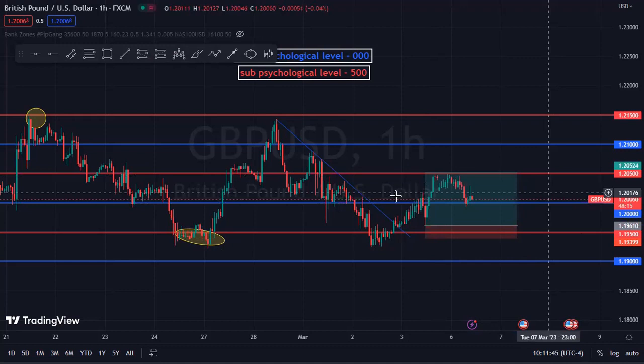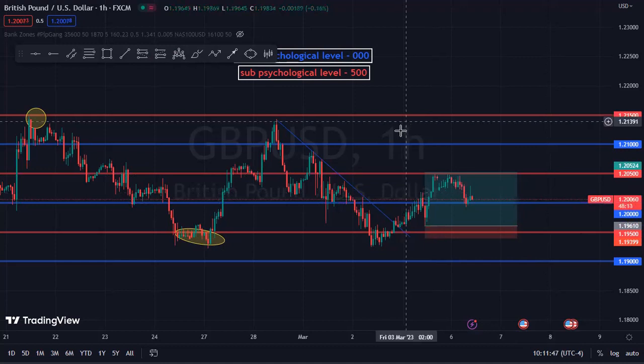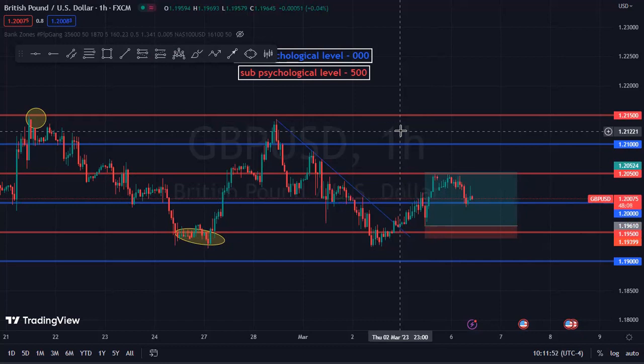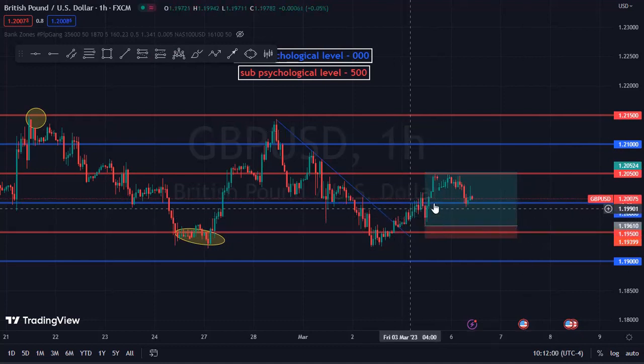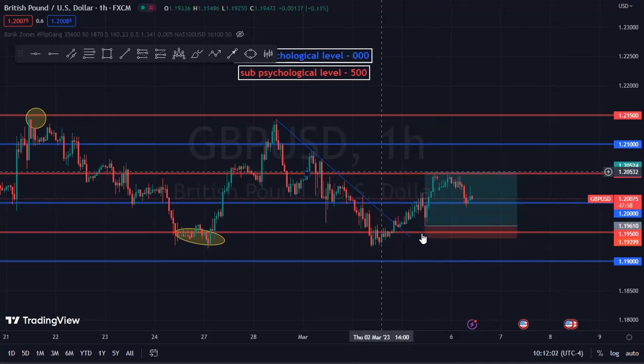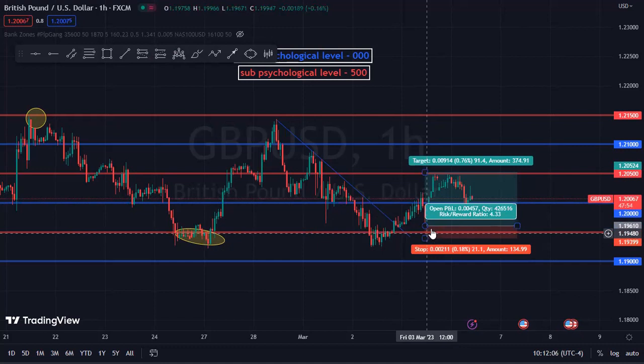So just like that, you see. With this entry, I didn't just take it purely because of my psych levels, but because I had two different confluences, which was my trend line, and as we can see here, price did retest this level, my sub psychological level. And that's where you would have taken your entry to the upside.